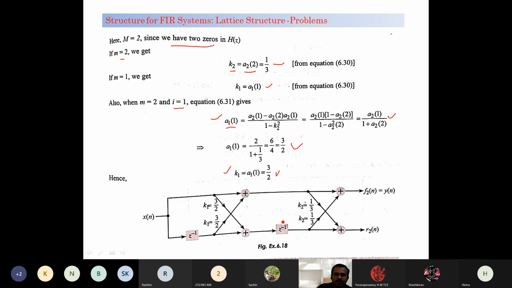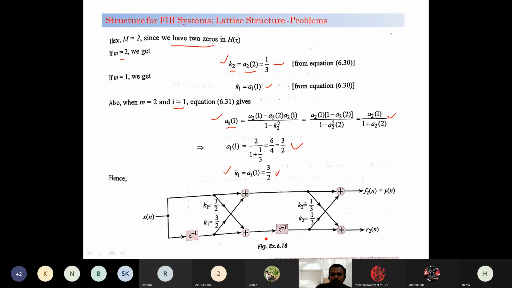So we got K1, we know K2, then we just put the diagram here. Here we are calculating the coefficients of each stage in the lattice structure from the original signal coefficients, so we are converting those into the lattice structure.